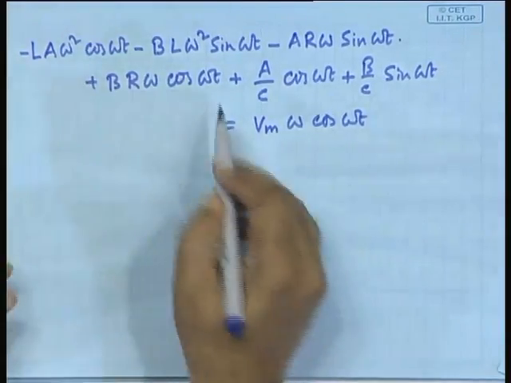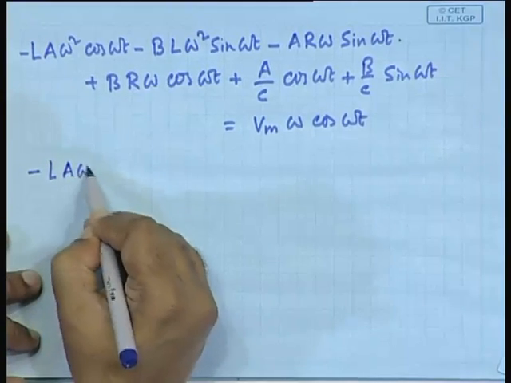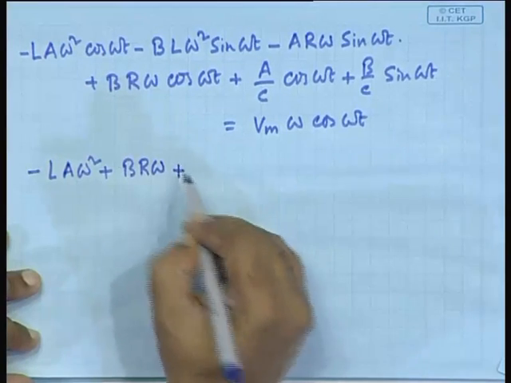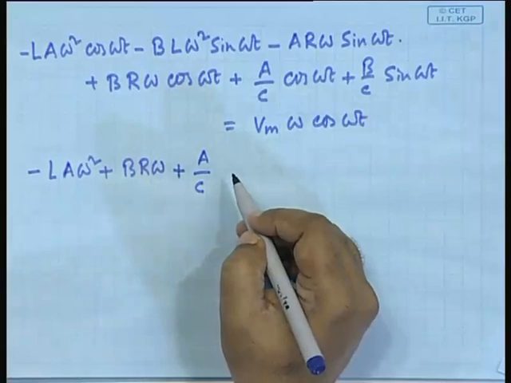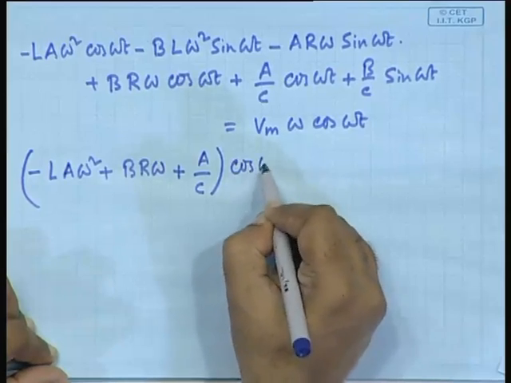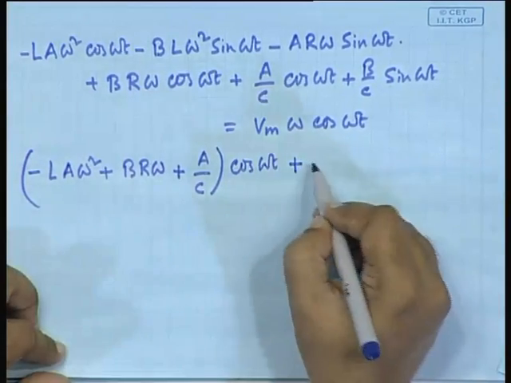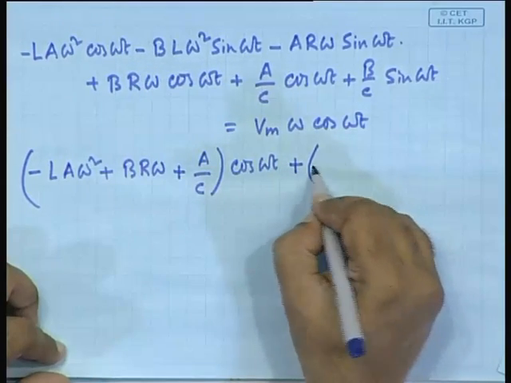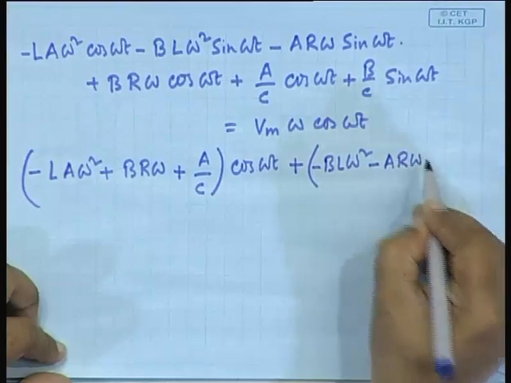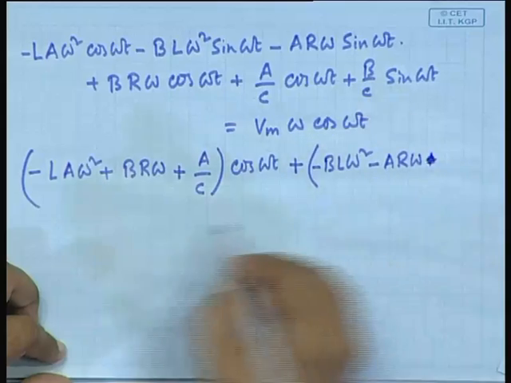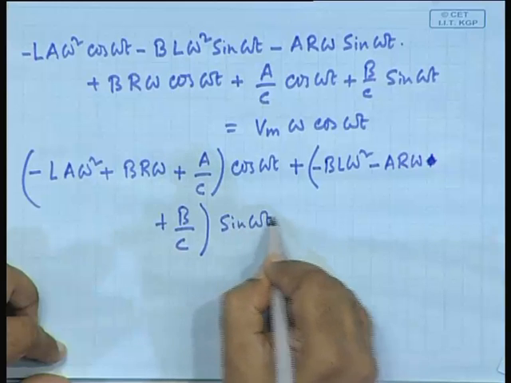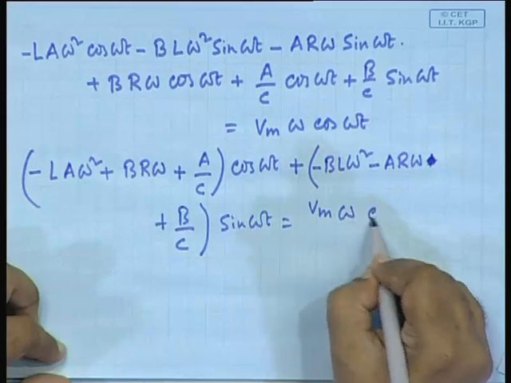First, let us put together the cosine terms: minus L a omega square plus b R omega plus a by C, cos omega t, plus minus b L omega square minus a R omega plus b by C, sin omega t, is equal to V m omega cos omega t.